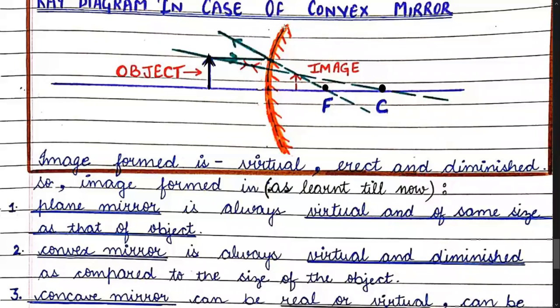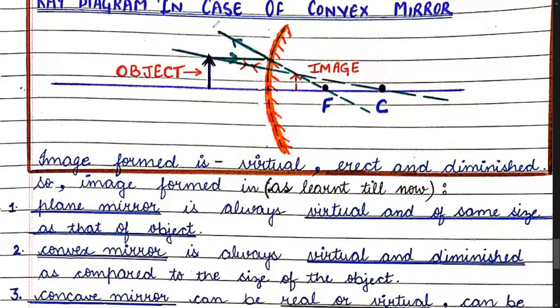Students, since this convex mirror is forming a part of a circle, and that circle will be having a center which is C, and half of the radius of curvature will be focus.